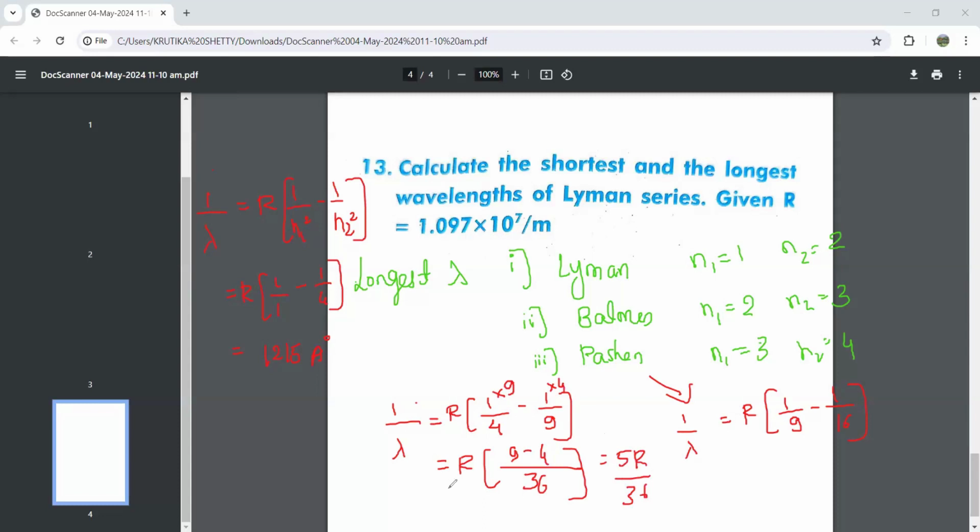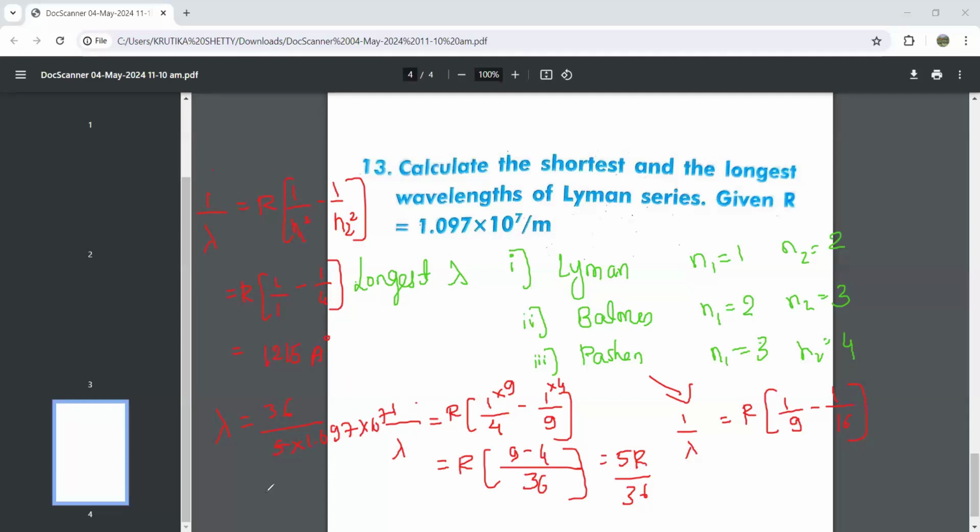But we require lambda. So lambda is equal to 36 divided by 5 into R. So lambda for the Balmer series is 36 divided by 5 into 1.097 into 10 raised to 7. It is 5.485.